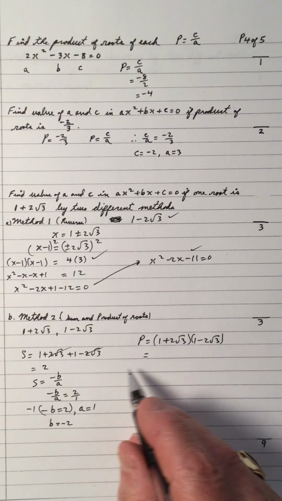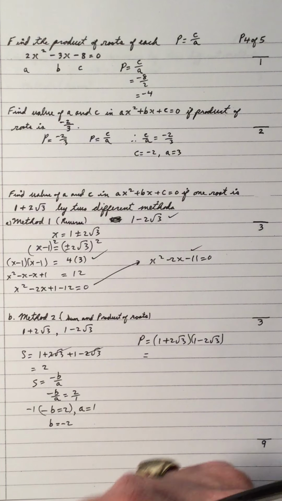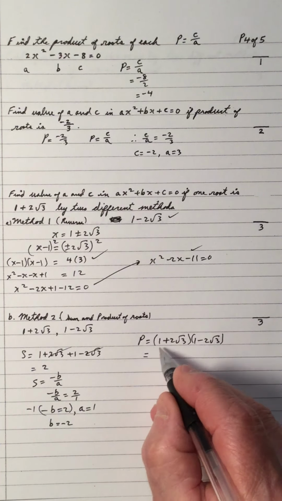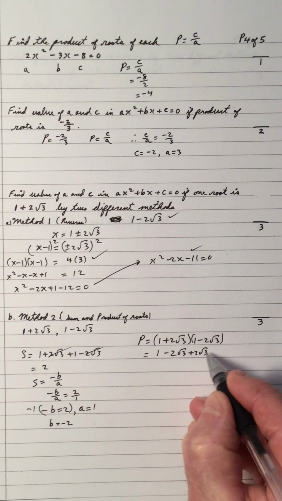And again, I'm doing the FOIL on this because most students remember the FOIL. Another fast way would be to square each of these and subtract them, like a squared minus b squared. But let's do the FOIL. 1 times 1 is 1. 1 times negative 2 root 3. 2 root 3 times 1, positive 2 root 3.